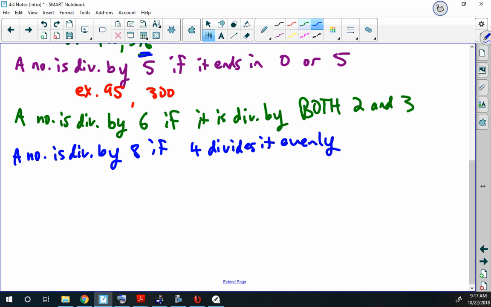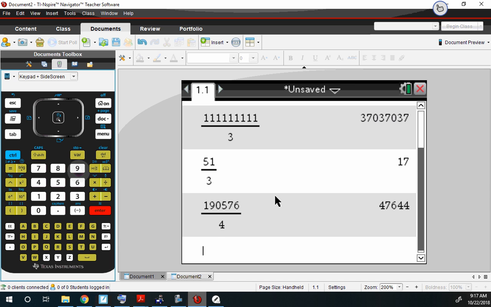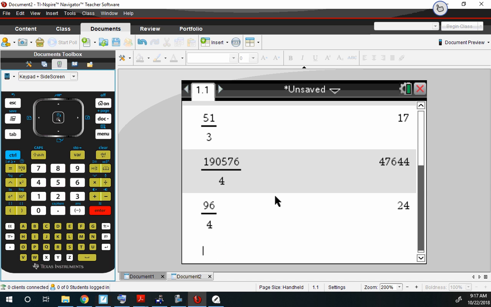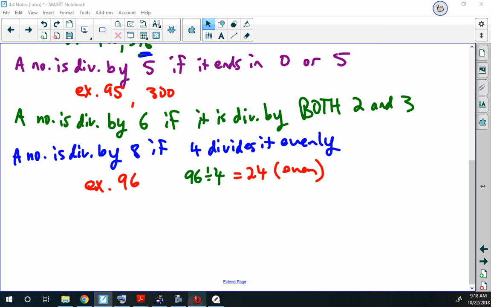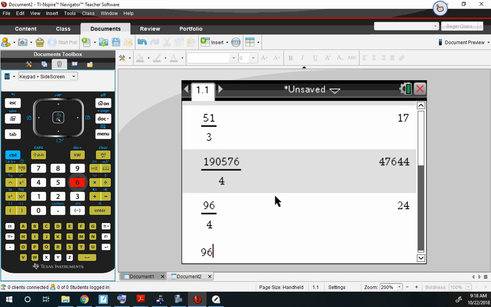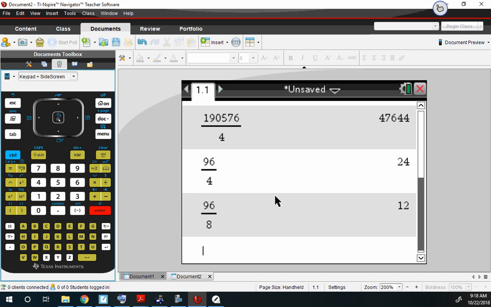So let's look at 96. 96 divided by 4 is 24, which is even. So because that's even, 96 is divisible by 8. Does that make sense? Okay, cool.